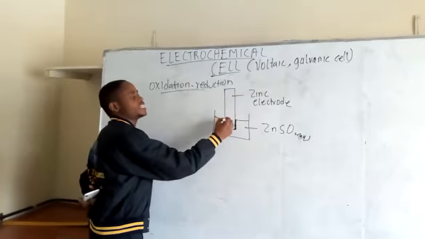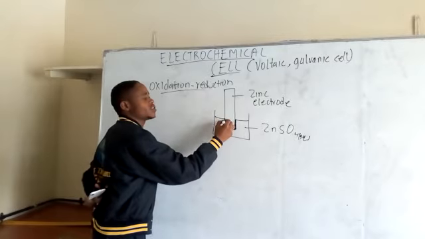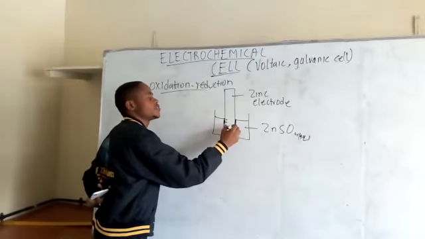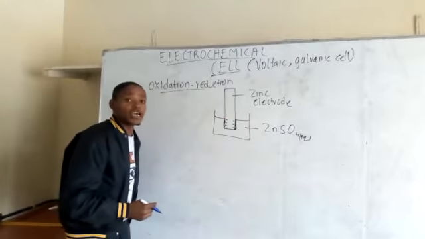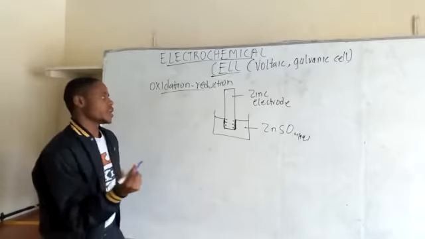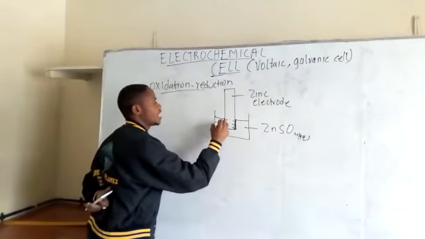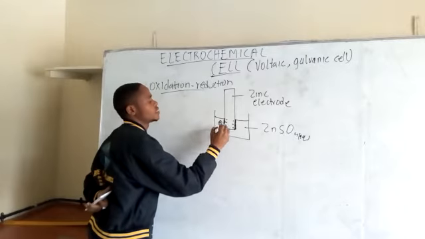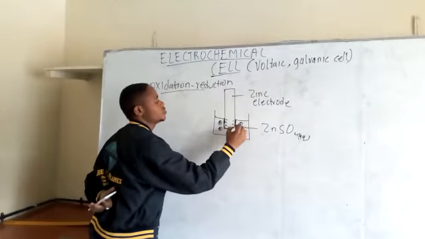But the electrons that are lost tend to remain on the surface of the metal rod, while the ions which are formed go into solution.